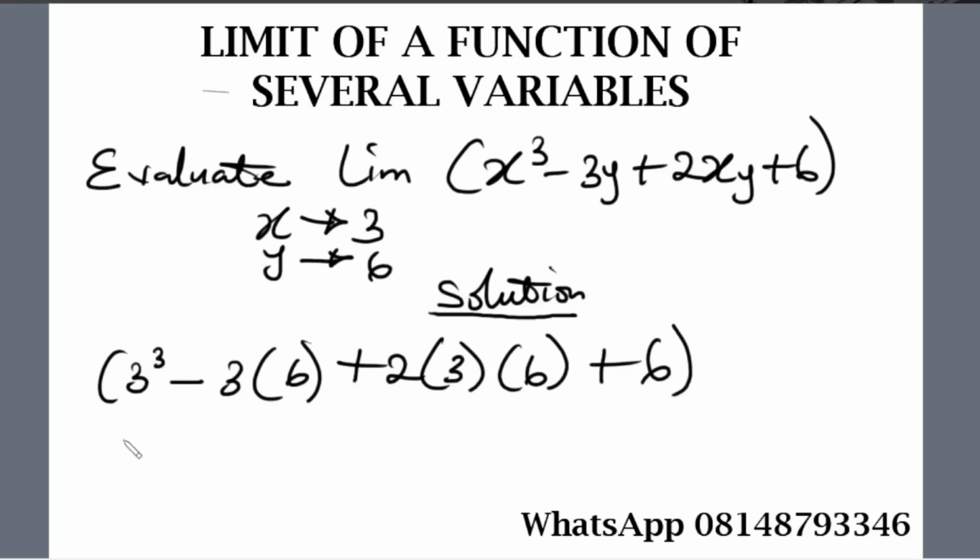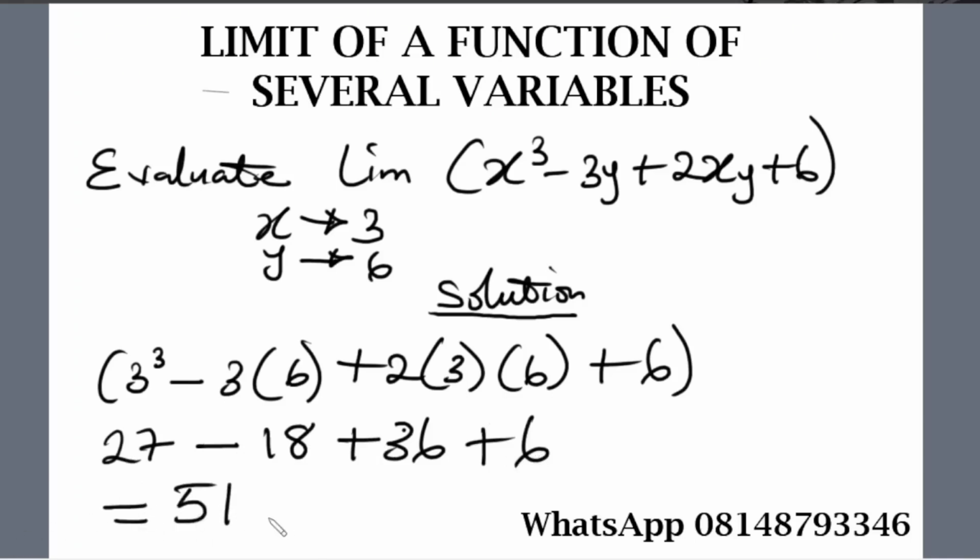So 3 raised to the power 3 is 3 times 3 times 3, which is 27, minus 3 multiplied by 6 gives us 18, plus 3 multiplied by 6 is 18, and 18 multiplied by 2 is 36, plus 6. So 27 minus 18 plus 36 plus 6 gives us 51.